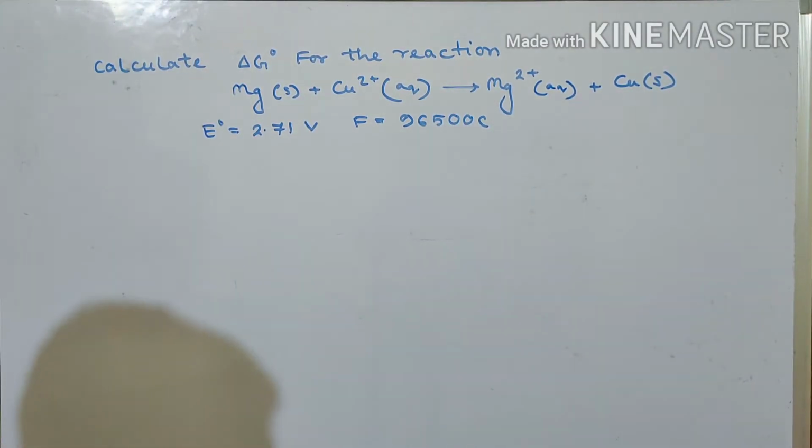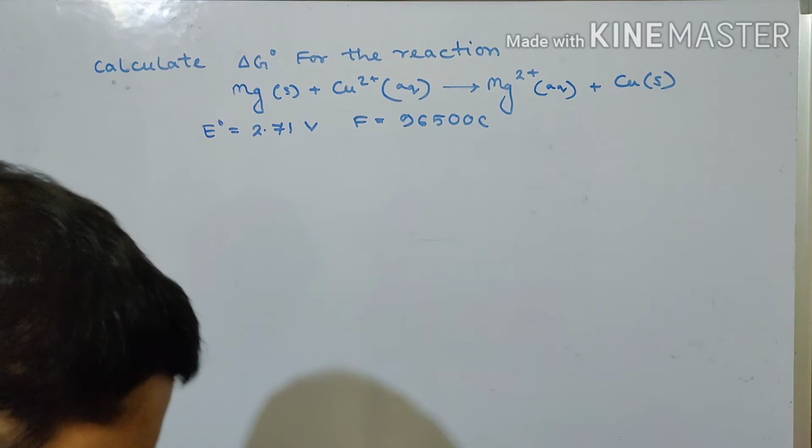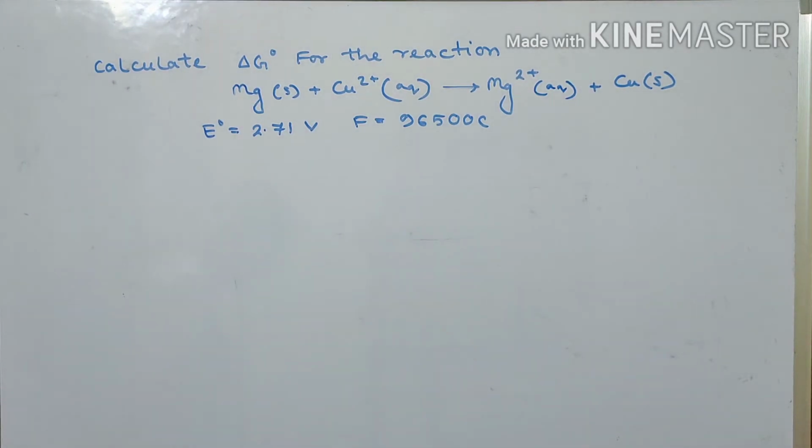So how to solve this type of problems? We have already gone through the formula. The formula is delta G0 is equal to minus NFE0. So based on that formula only it can be solved.